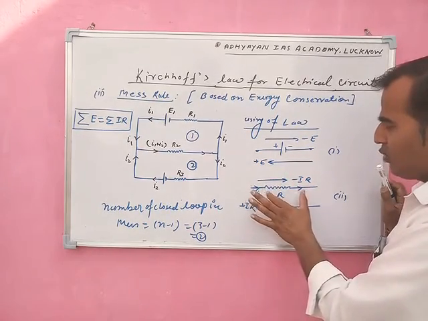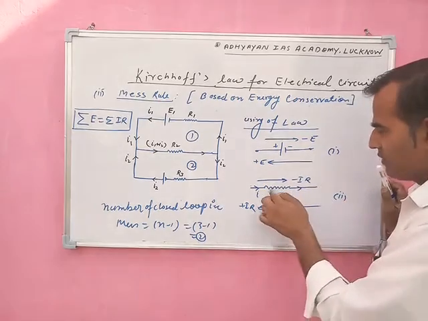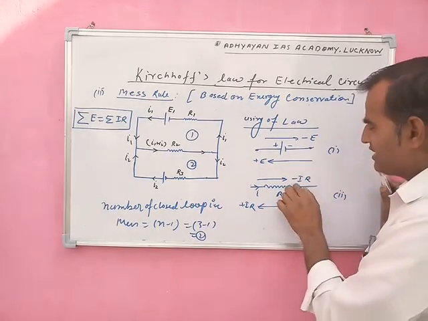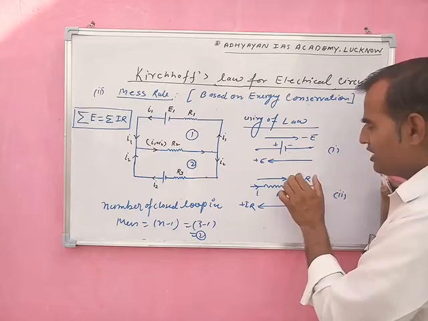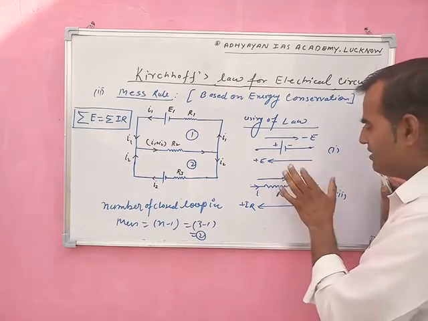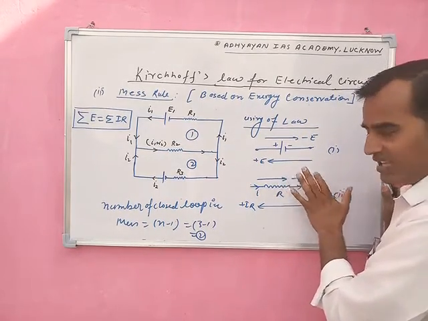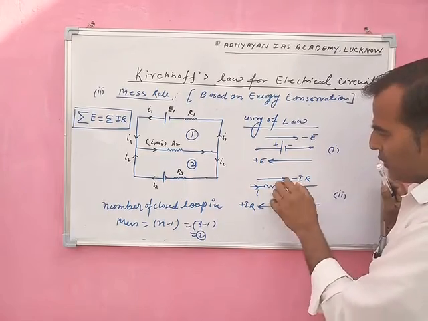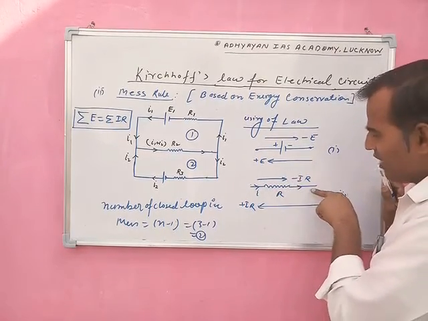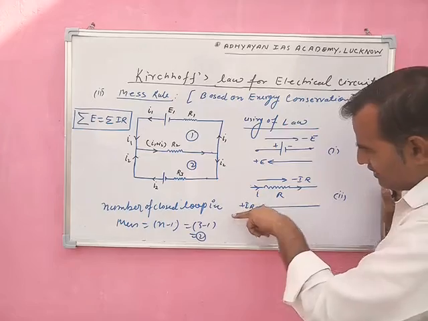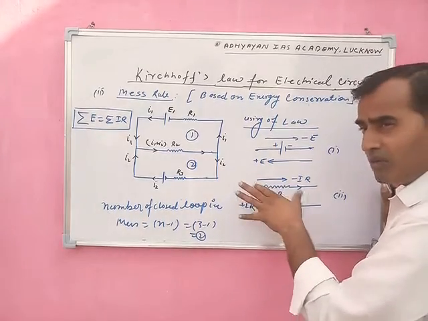And if we go across the resistor along the direction of current, then the potential drop will be negative, minus IR. When we go across the resistor opposite to the direction of electric current, then the potential drop will be positive.